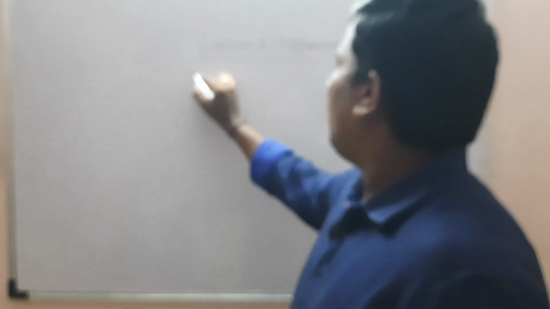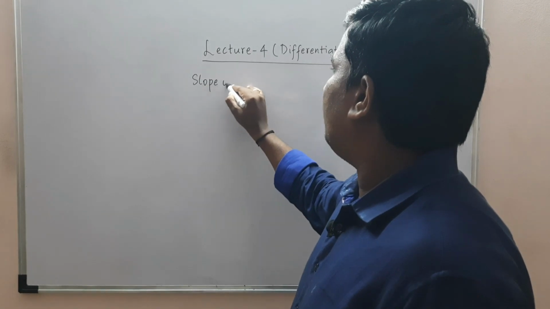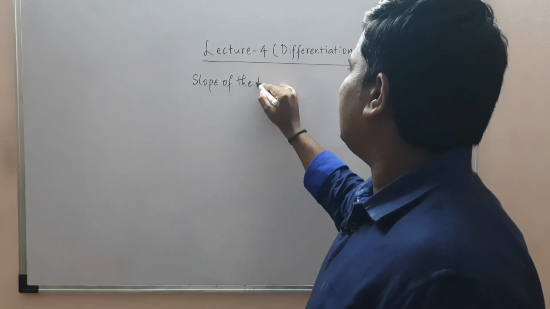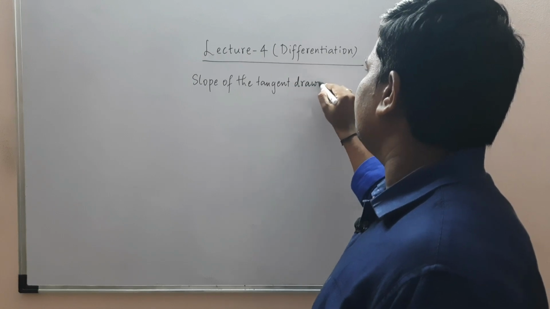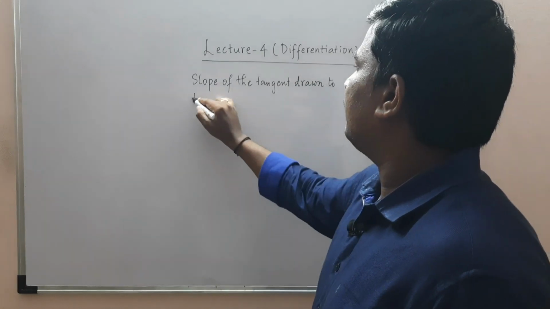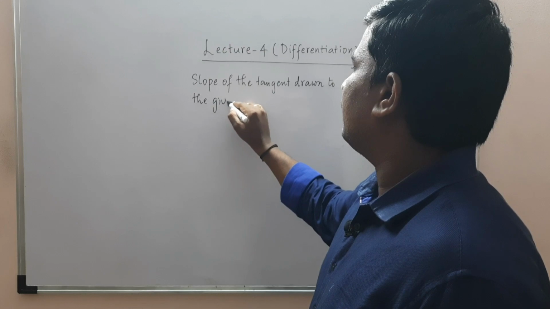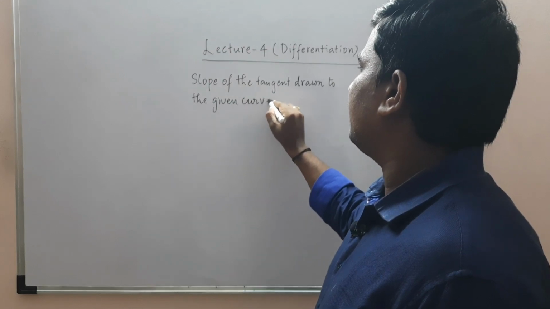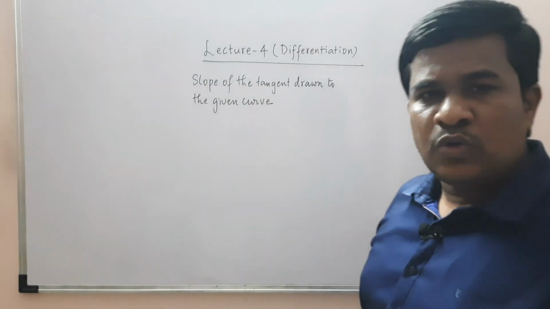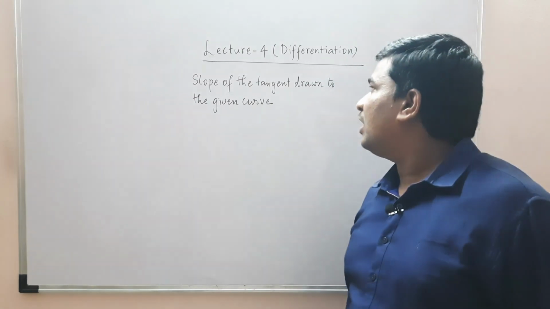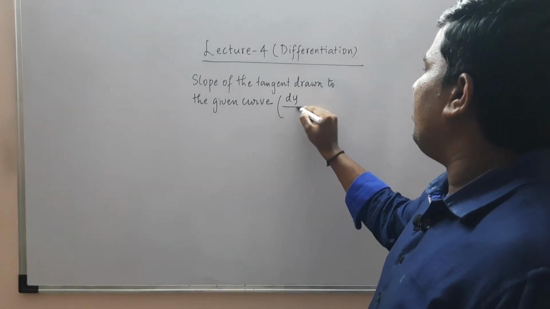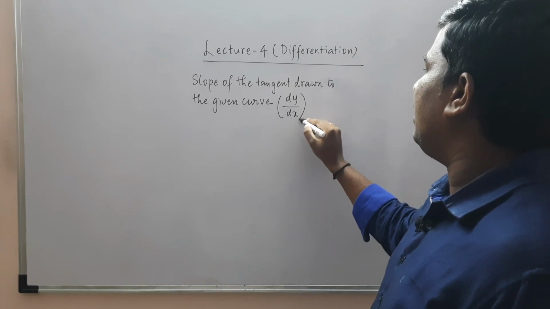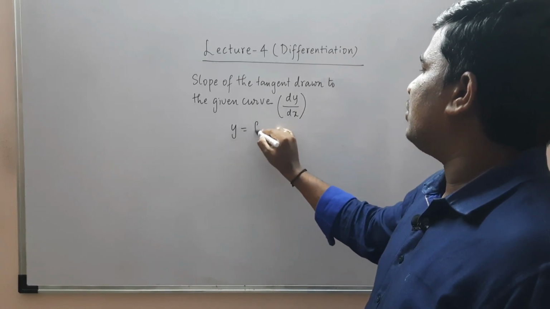In lecture 3 we have seen how to find the slope of the tangent drawn to the given curve. The slope of the tangent drawn to the given curve is denoted by dy by dx, where y is a function of x.